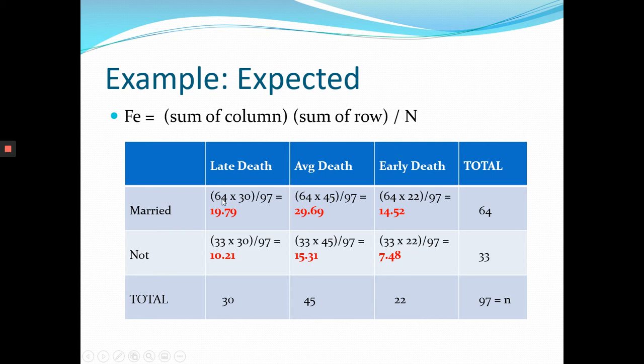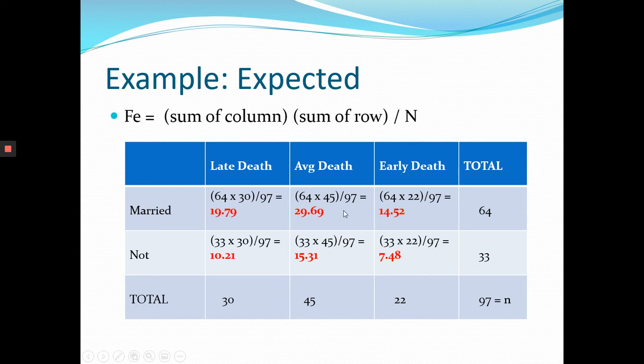So 64 is the sum of the row in this case. And then our sum of a column is 30. We have 30 people in our sample dying later than usual. So to find the expected for that cell, we just take 64 times 30 and divide it by 97. 97 is the total number of people right down here. So we calculate that, it's 19.79.